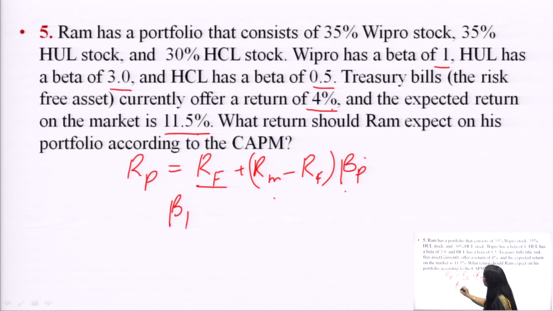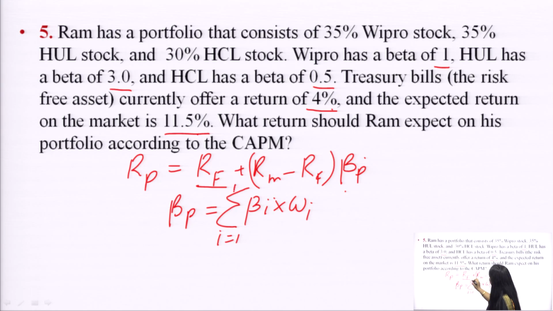So, we will calculate beta P by using the individual betas of Wipro, HCL and HUL, multiplying each by its respective weight. Using this equation, as I have earlier taught, we can calculate beta P, and then we can find out what is the return and what is the risk of this particular portfolio as per the CAPM model.